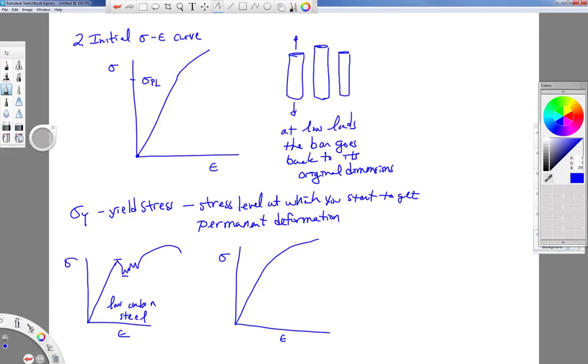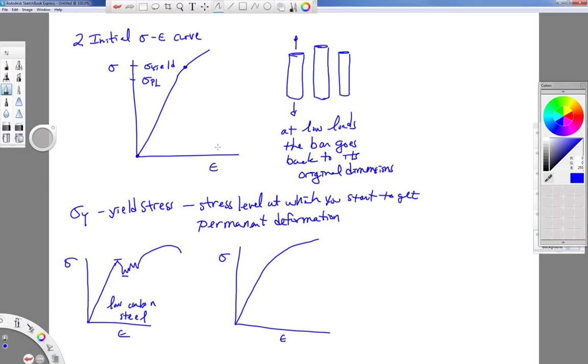What you do is you put it in the testing machine, you apply the load until it breaks. So that gets to be a little bit harder to answer this question. When do we start to get permanent deformation? Maybe in this diagram it's around this point, but unless we've actually measured the dimensions, we can't really say for sure. Well, there's a shortcut way to estimate what the yield stress is, and we'll talk about that.